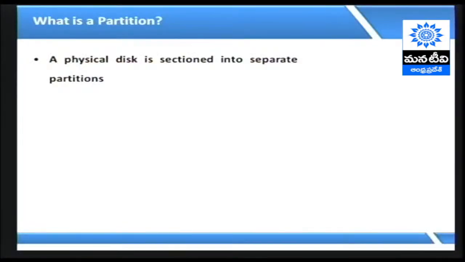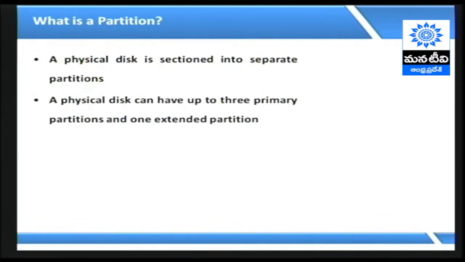Disk partitioning is nothing but the process of logically dividing the available storage capacity of computer HDD into separate drives or volumes. On the screen you can see a physical disk sectioned into separate partitions, which is called disk partitioning. A physical disk can have up to 3 primary partitions and 1 extended partition.